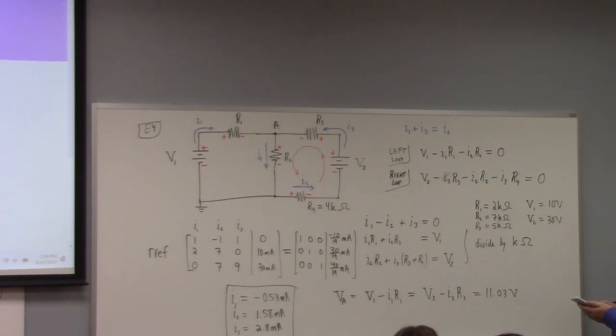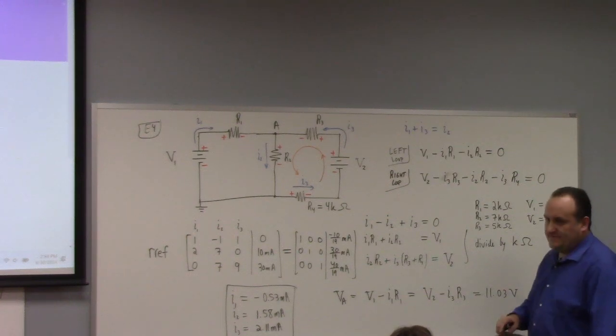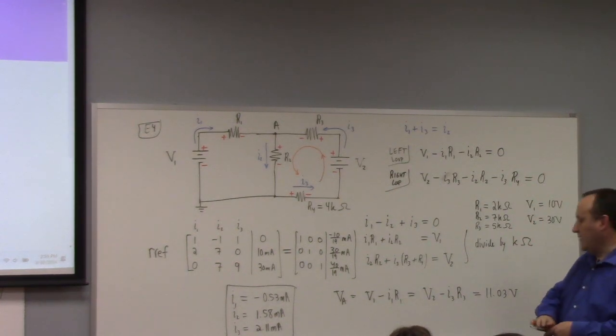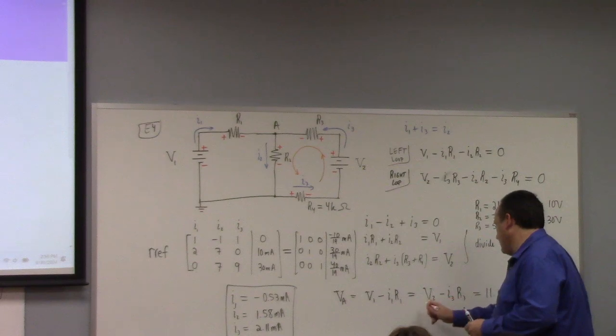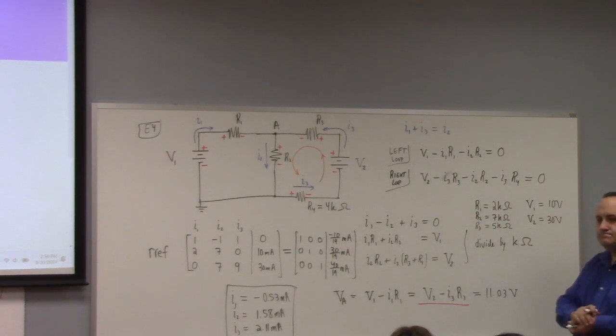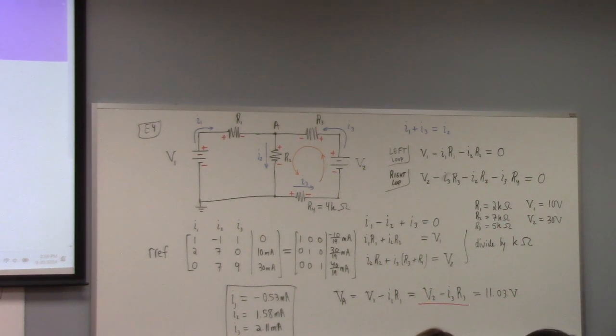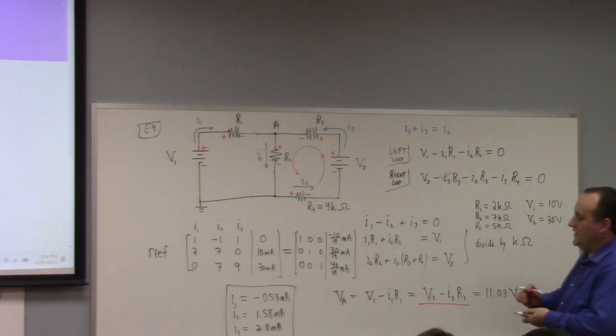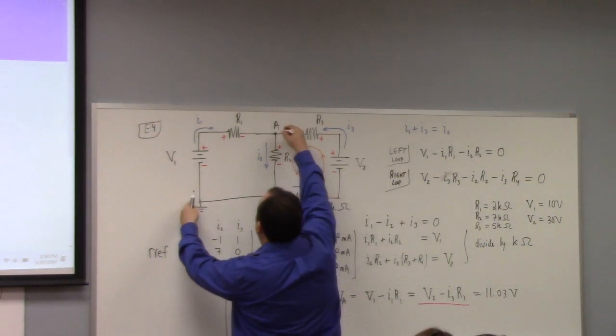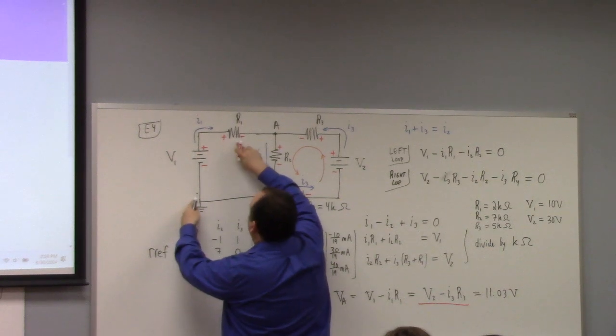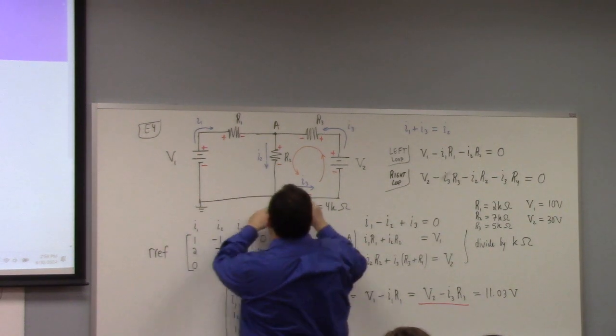Oh, hold on a second. All right, so you guys, tell me why I'm wrong. Why is this wrong? So I'm saying VA here is V1 minus that voltage because I'm starting here, right?